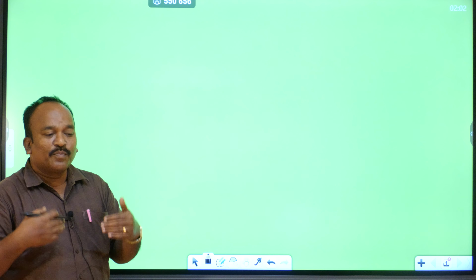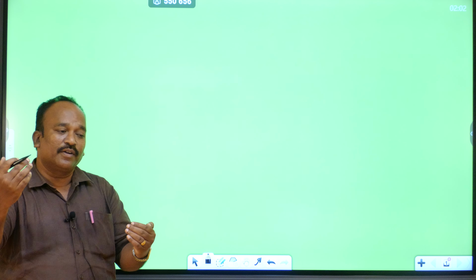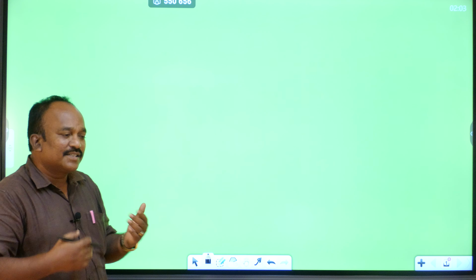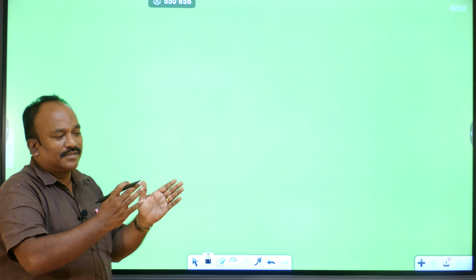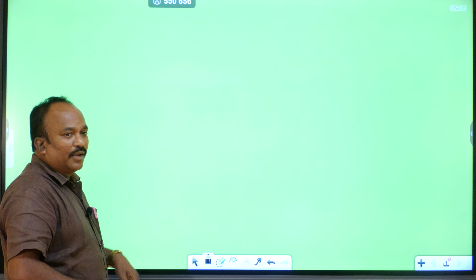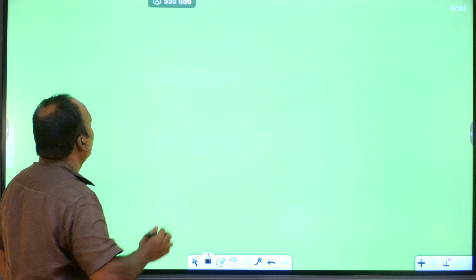Next, simply supported beam with point load, simply supported beam with UDL load. Also cantilever beam with a combination of loads. So I would like to explain about cantilever and point load.